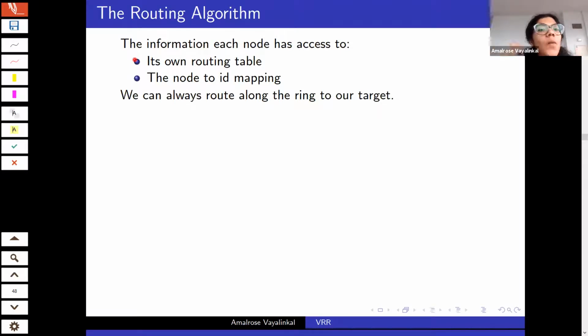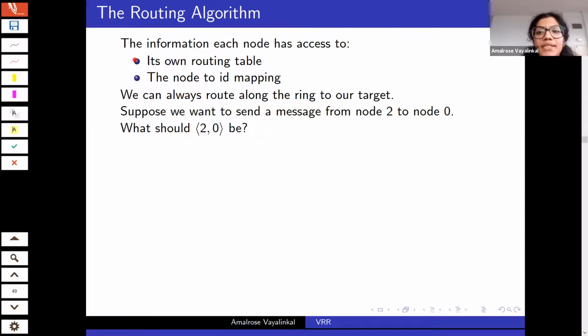And recall, we can always route along the ring to our target, because the circle is connected, so worst case we can just travel node by node from the source to the target, wherever we start. And so suppose we want to send a message from node 2 to node 0. This is called the source target pairing, where node 2 is the source and node 0 is the target, or sometimes also called source destination pairing, if you see that somewhere.